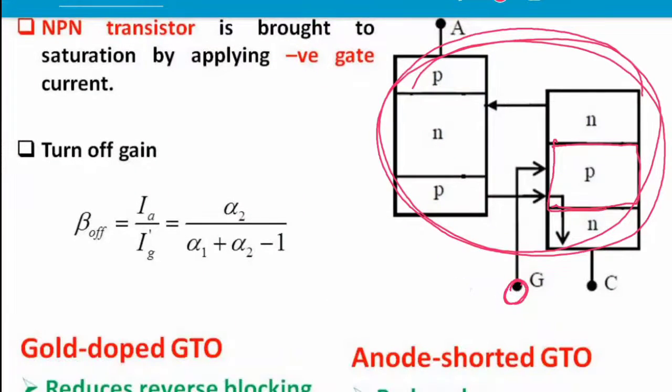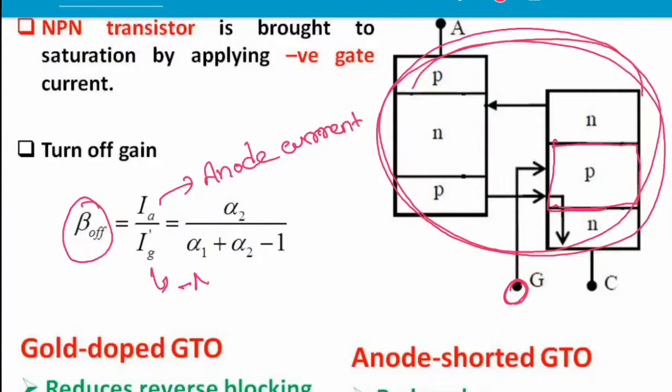And what are the parameters in case of turn off? One is turn off gain, that is IA by IG dash, where IA is the anode current and IG dash is the negative gate current, and this can also be written like this: alpha 2 by alpha 1 plus alpha 2 minus 1.